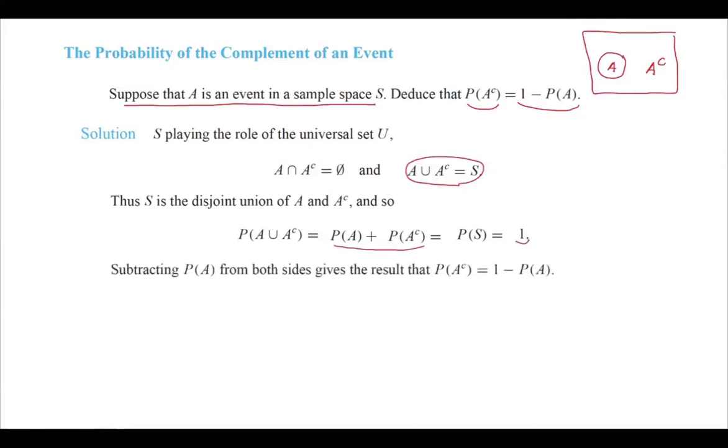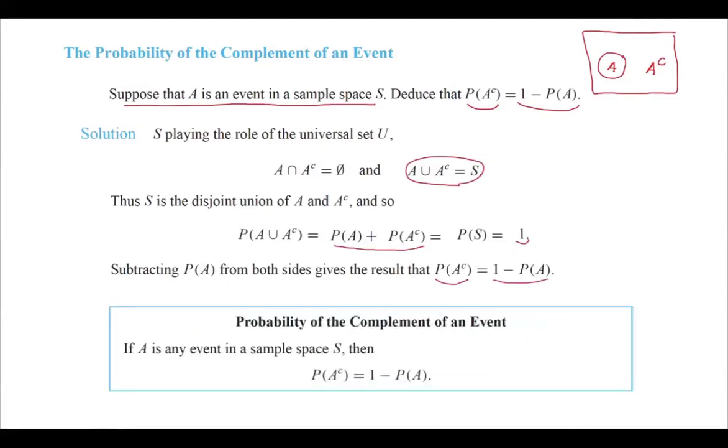If you subtract the probability of A from both sides, the probability of the complement of A is equal to 1 minus the probability of A. As a rule, the probability of A complement is equal to 1 minus the probability of A. You can also write it this way: the probability of A plus the probability of A complement is equal to 1. Or we can write that the probability of A is 1 minus the probability of its complement. Just basic algebra, going back and forth between different notations and representations for the probability.